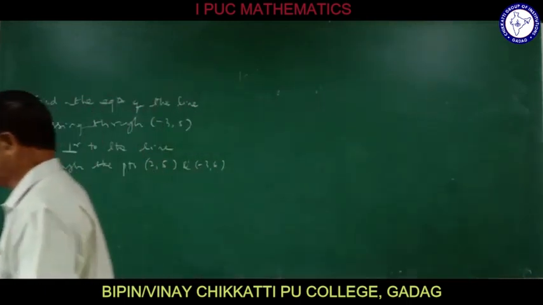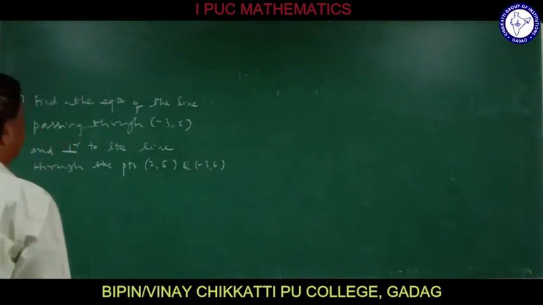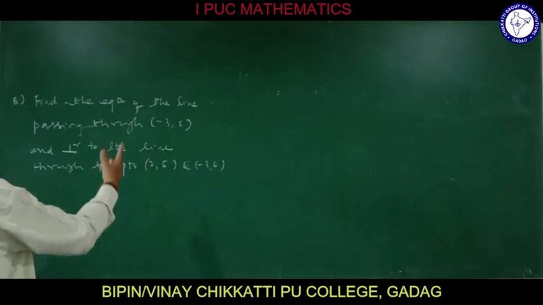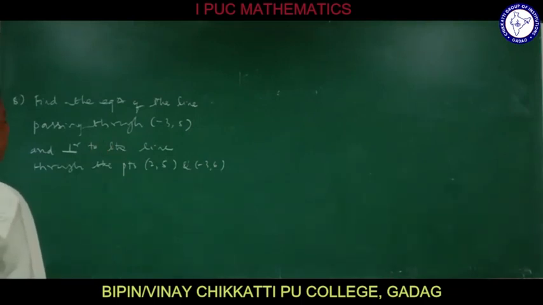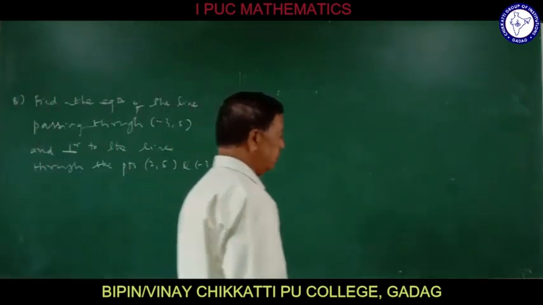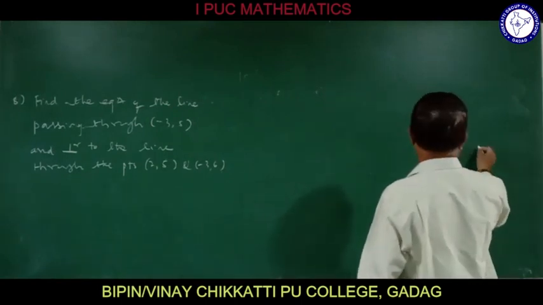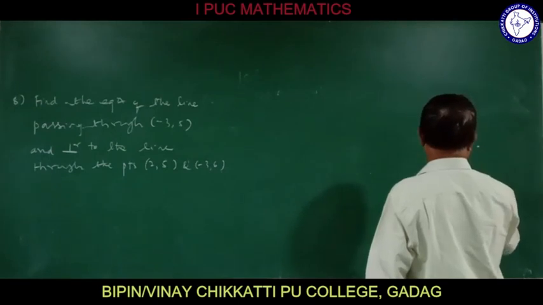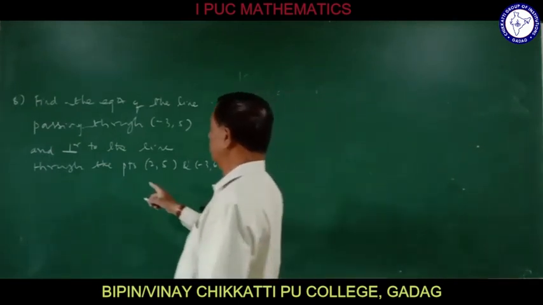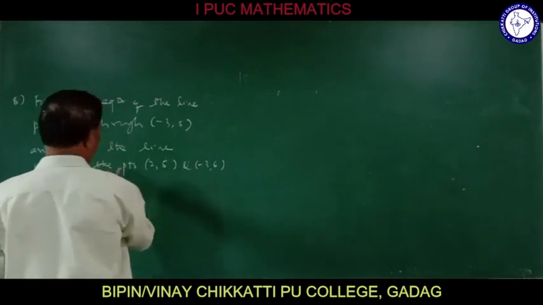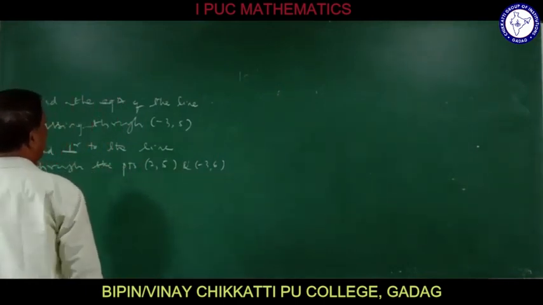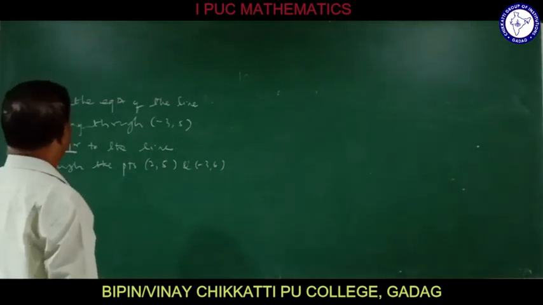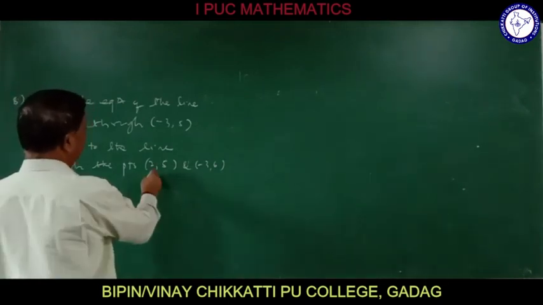Find the equation of the line passing through the given point and perpendicular to the line. If you find the slope of this line, you can find the slope of the required line. The required line passes through this point and is perpendicular to the line through the other two points, so only the slope is required.